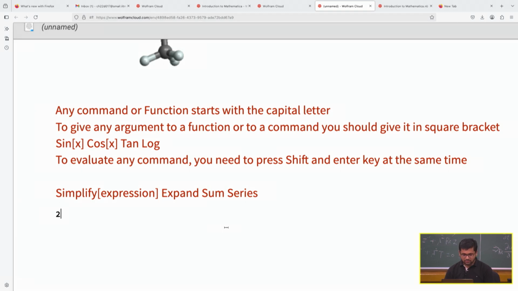I will ask Mathematica to add 23 plus 45. So, you write 23, then the plus sign, then 45, and press shift and enter. If you are on Mac, you press shift and return.